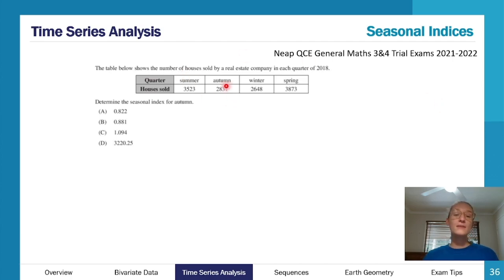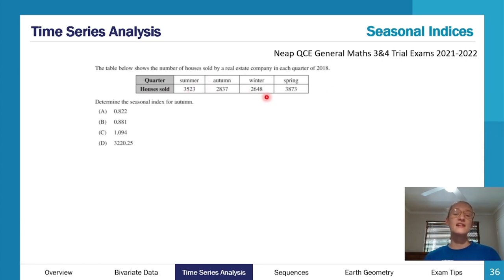So the first thing I'm noticing, autumn has sold 2,837 houses. So awesome, that's quite a lot of houses. But when we look at summer and spring, they're both in the 3,000s, but winter's about 2,600. So interesting.